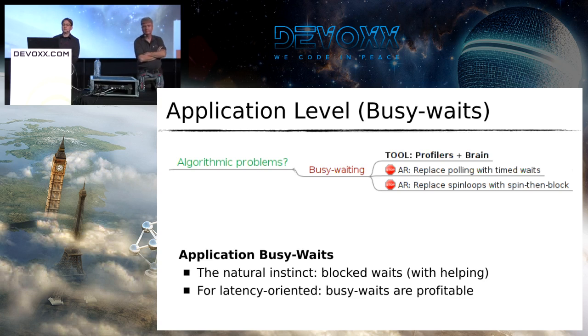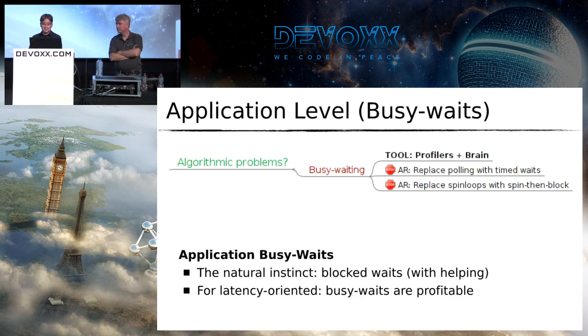Right. So other thing is busy waits. I frequently see the smart guys who are not latency oriented, but just smart guys, who say that blocking synchronization is bad, and I will just wait for some condition there, and then you burn the cycles sitting there.